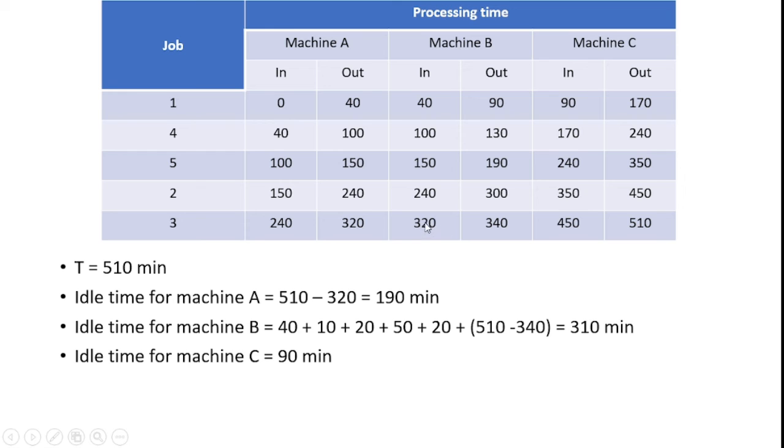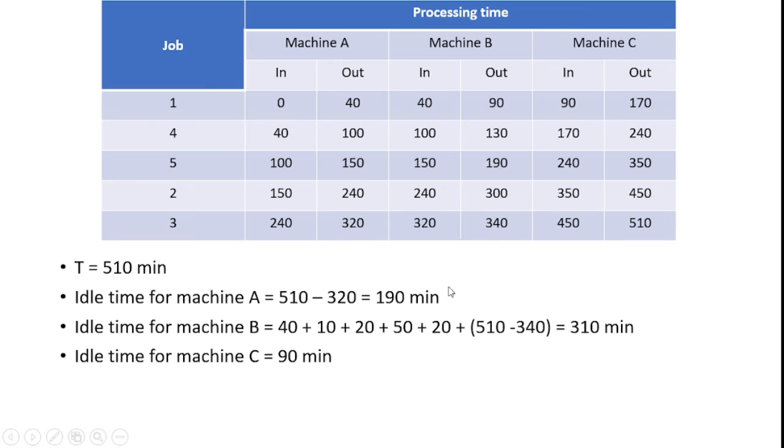Finally, 320 is available on machine A, and machine B is stopped for job 2 at 300. If I subtract both, I get 20 minutes of idle time on machine B.